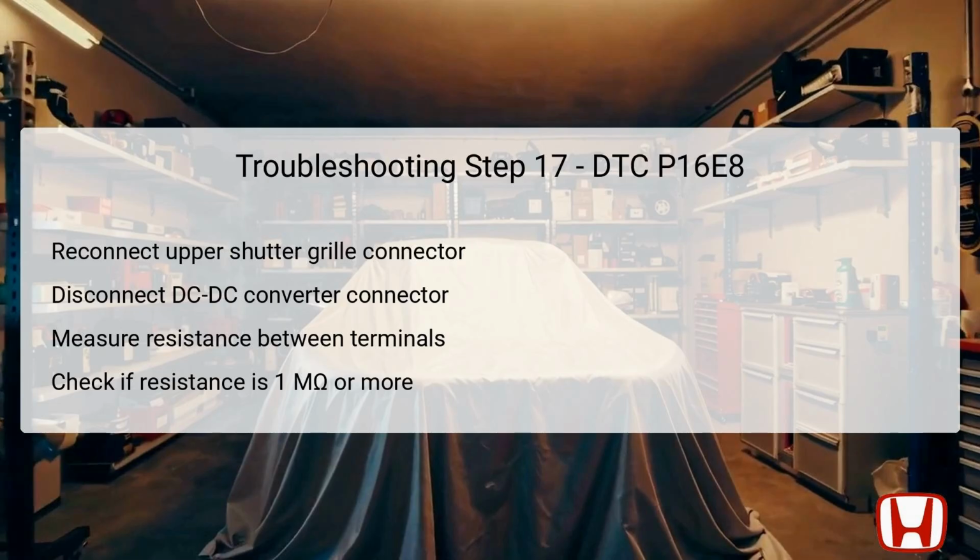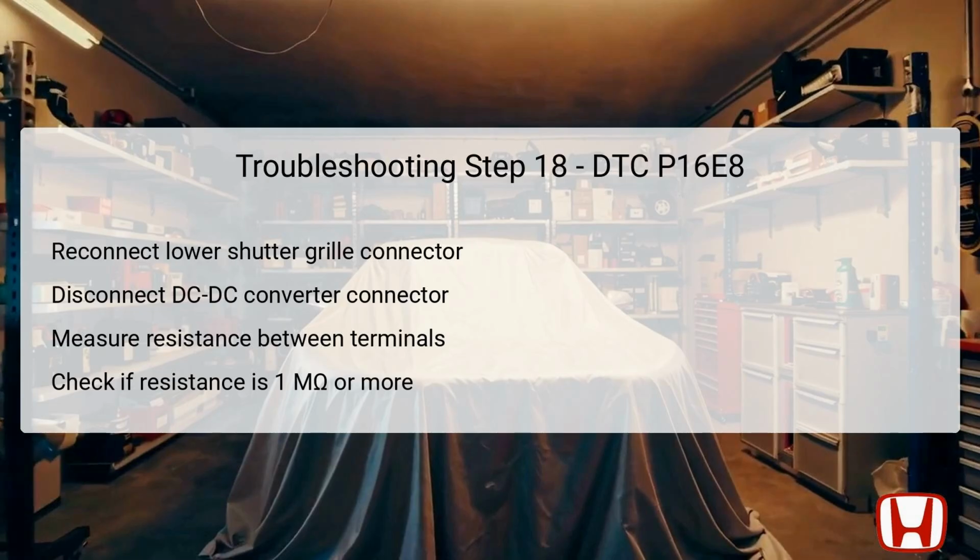Establishing that the resistance is 1 megaohm or greater affirms that the wiring properly functions within specification. If resistance levels fall below this threshold, the next necessary action is replacing the upper shutter grille, as it indicates that the component may have internal failures impacting its operation and communication.